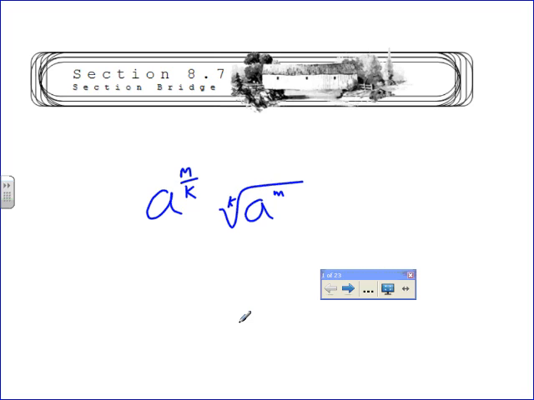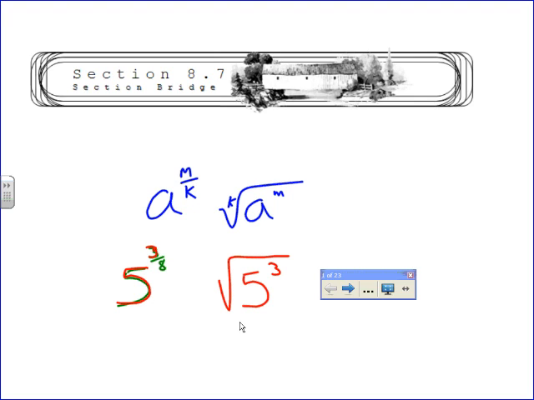We're going to be seeing several properties, but this first one, all it's saying is this: if you have some number to a fractional power, say 5 to the 3/8, for example, what you want to do is keep the big base and the top power inside of a square root. So it looks like this, 5 to the third.